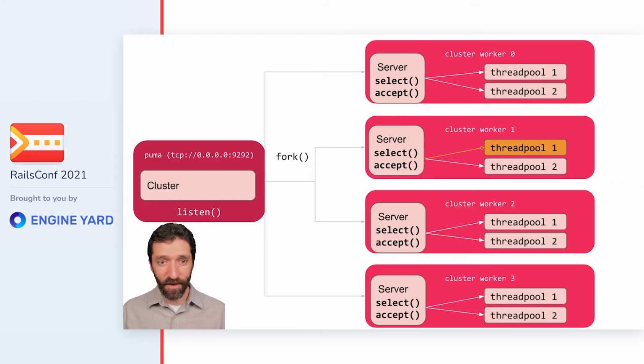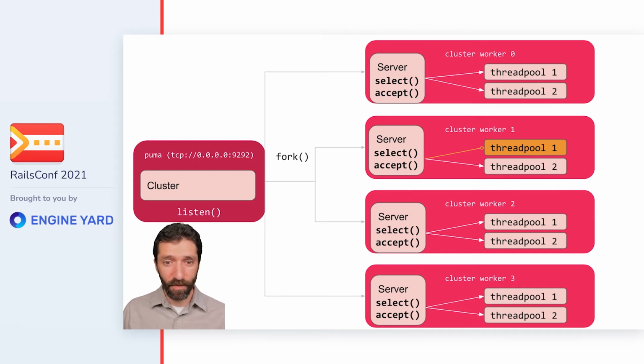So to understand this better, here's a diagram of how the main server loop works in Puma and how its hybrid model of threads and processes works together. When the parent process running in cluster mode first boots up, it loads the Rack application, executes the listen system call, which creates a TCP server socket bound to an IP address and port number, and then calls fork to create a number of cluster worker processes, each of which runs a server loop.